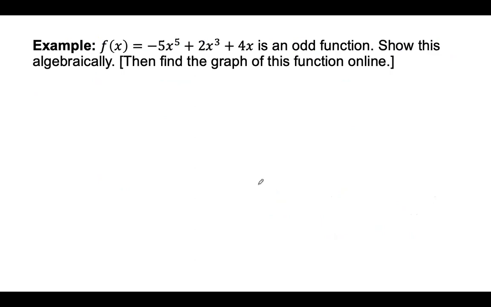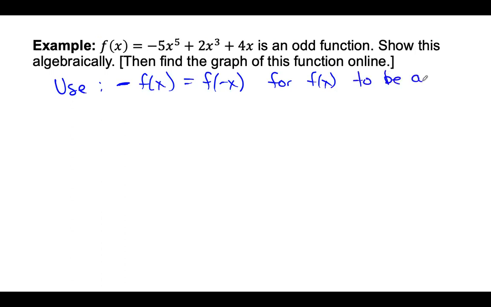Now, again, you can graph this online using Desmos, which I just showed, but we're going to use the definition. The definition of odd is that we check if negative f of x is equal to f of negative x, for f of x to be an odd function. So we can write it down.